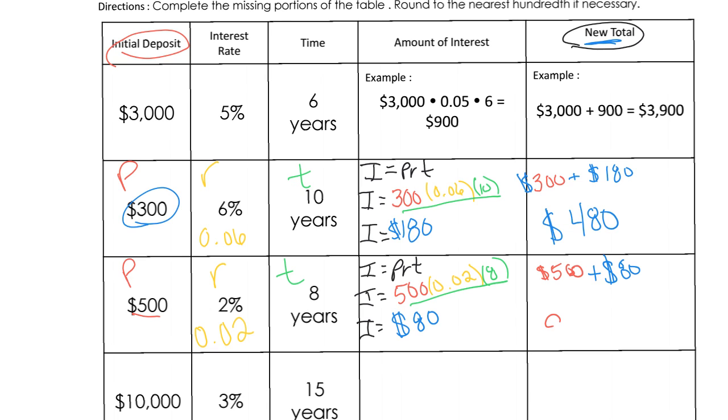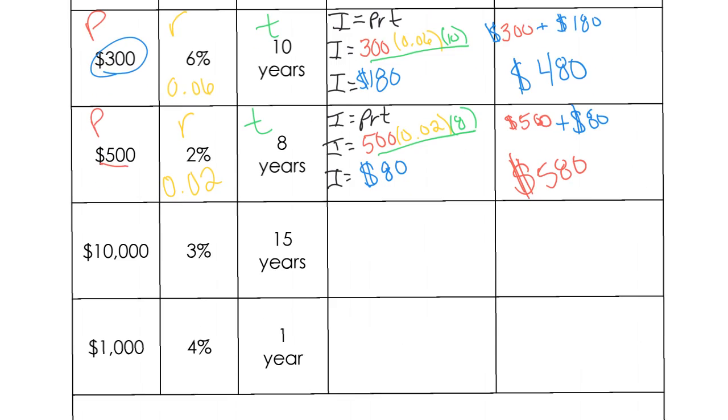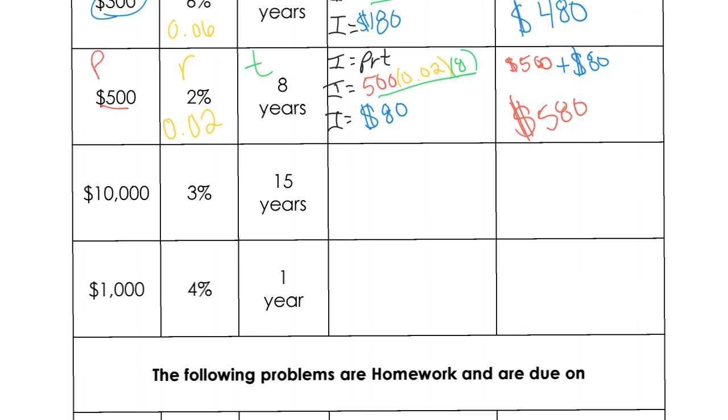So then my new balance, so my balance after 8 years is $580. Okay.